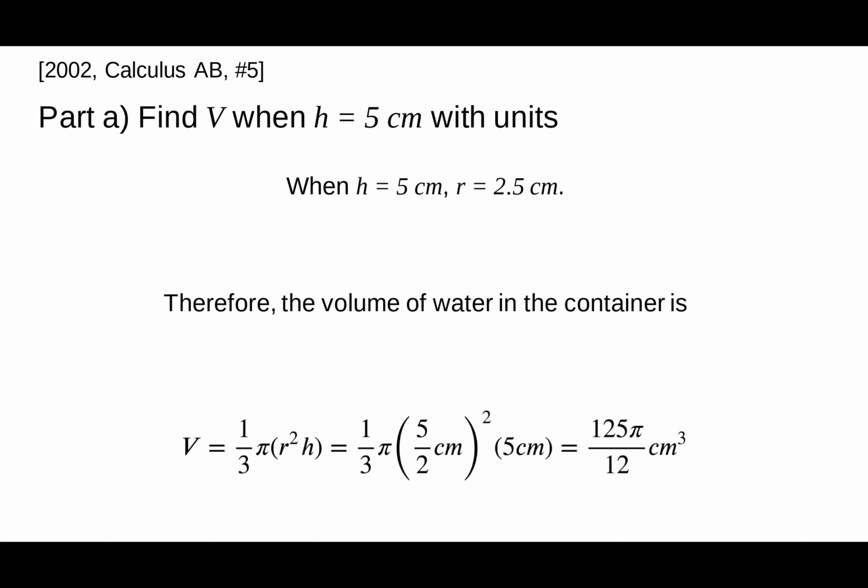Substituting 5 for h and 5/2 for r, we get 1/3 pi times (5/2 centimeters) squared times 5 centimeters. Simplifying, we get a volume of 125 pi over 12 cubic centimeters, which makes sense because volume should be in cubic units. That is the volume of the water in that cone.